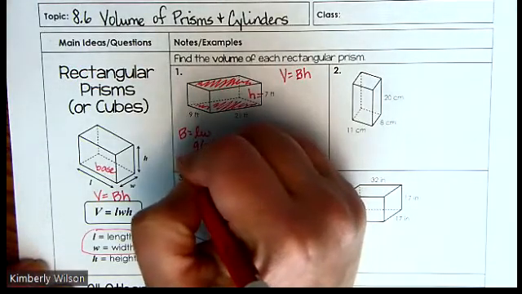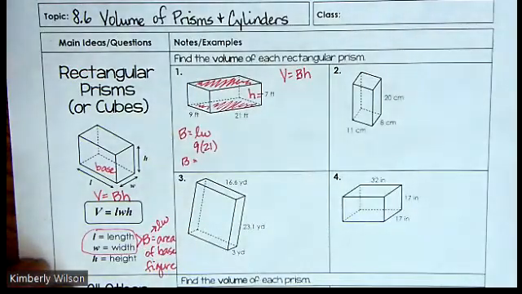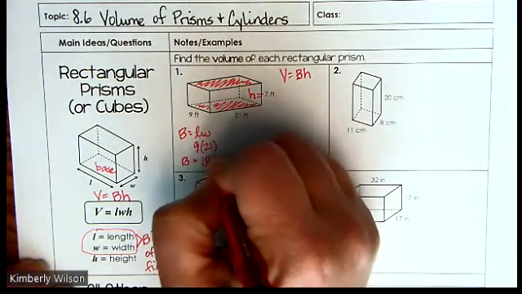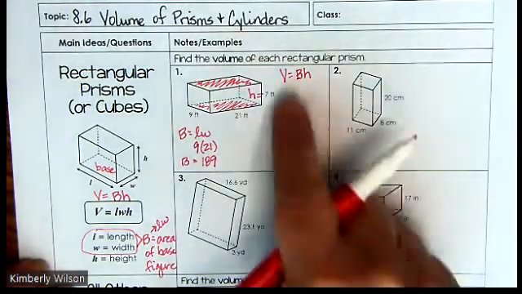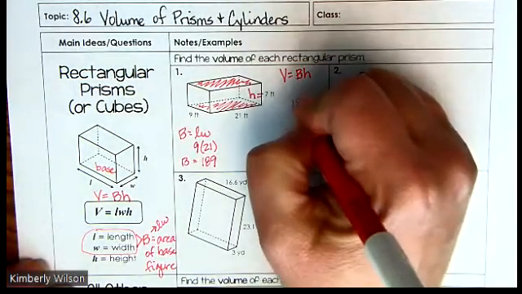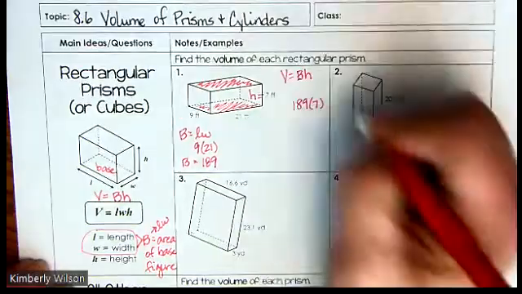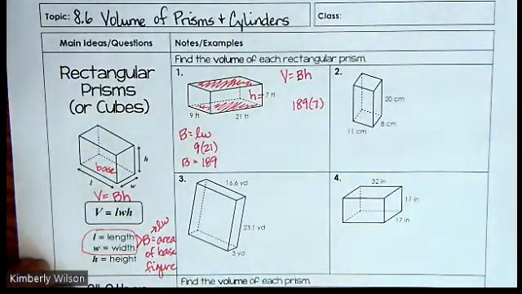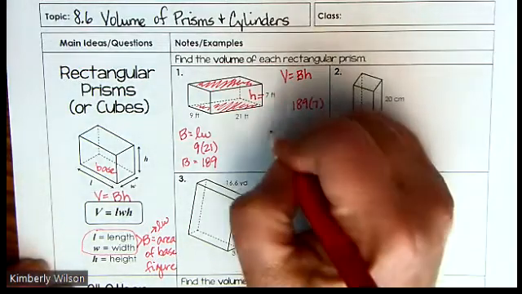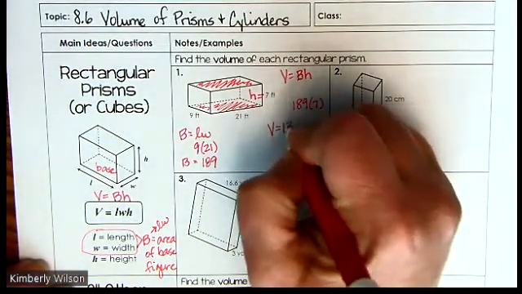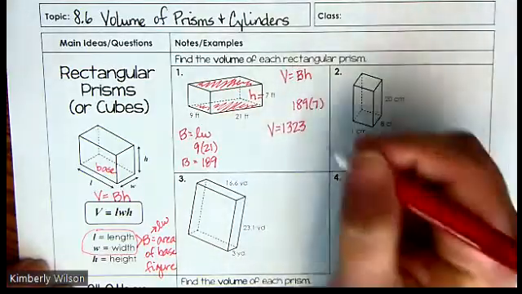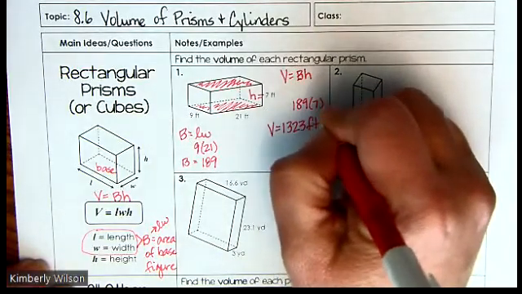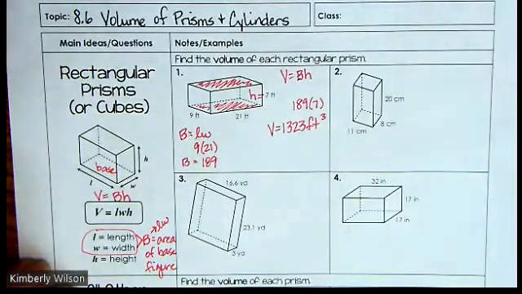So we have that the capital B equals 9 times 21, which is 189. And then I would plug that in, so I would have 189 times 7. That gives me my volume is 1323 feet cubed. Now you might be asking, why is it cubed?